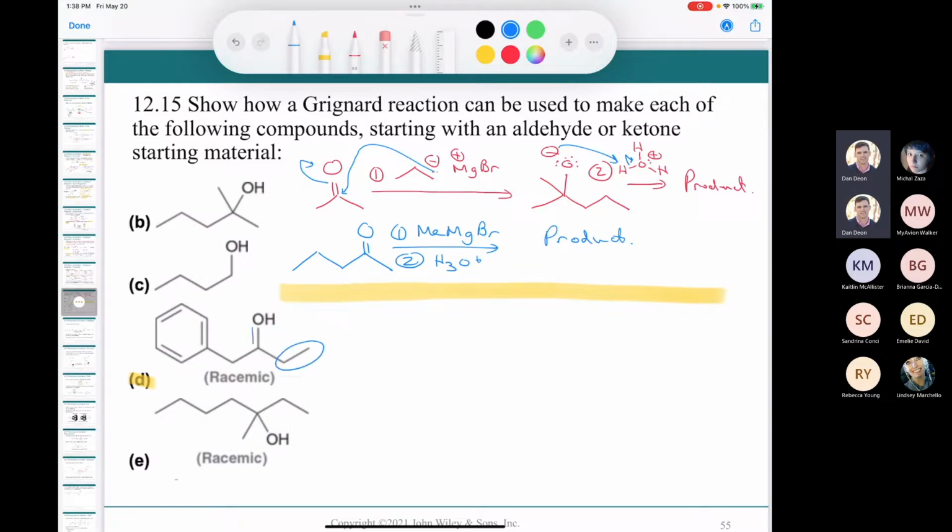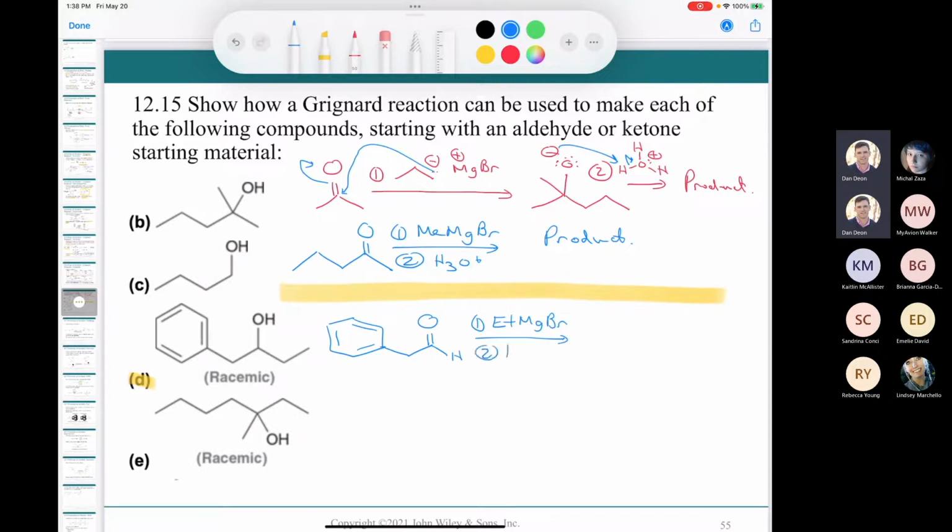In that case, you'd have the double bond here, and we'd be starting with an aldehyde. So you'd start with this compound, which looks like this. And then in the first step, you treat it with ethyl magnesium bromide, followed by H3O+.